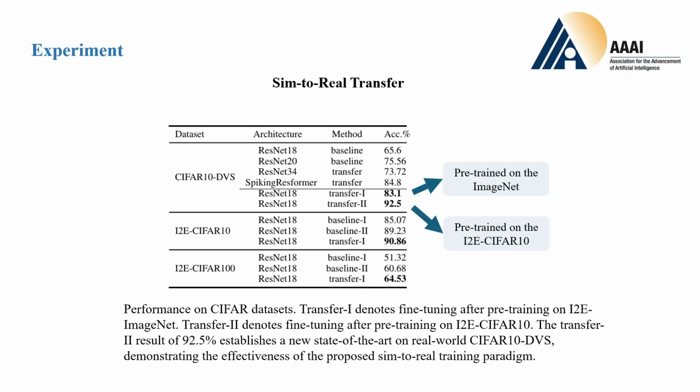We achieved 92.5% accuracy on the DVS-CIFAR10 dataset. This result confirms that our synthetic data serves as a high-fidelity proxy for real-world events. It successfully bridges the domain gap between simulation and reality, enabling researchers to develop robust models without relying on expensive hardware data.